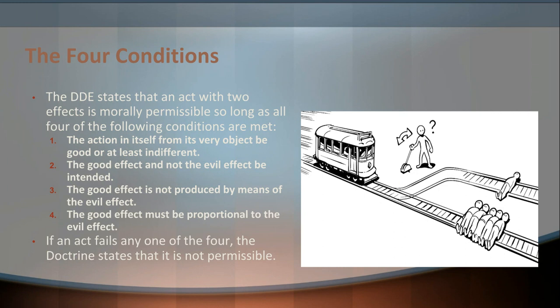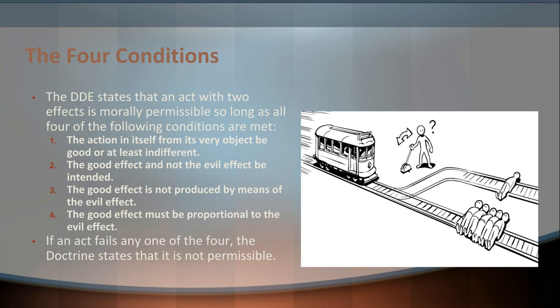If we're looking at an explanation for why an act with two different effects can still be permissible in some cases and not permissible in others, it matters very much what kind of action we're talking about. If we're looking at reasons why, or say to a certain degree, excuses why an act with a bad result can still be morally permissible, the action needs to be something that's not evil or wrong in and of itself. That is, it doesn't need to be something that by its very nature is morally wrong.